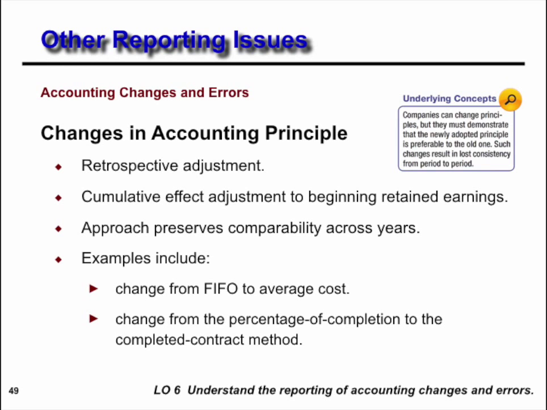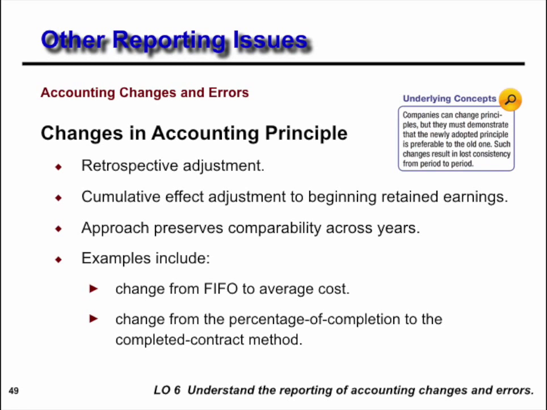A company accounts for a change in accounting principle by the retrospective application of the new accounting principle to all prior periods. The cumulative effect of the change to the new accounting principle, net of income taxes, is shown as an adjustment to the beginning balance of retained earnings, with corresponding adjustments to the carrying values of the assets and liabilities that are affected by the change.